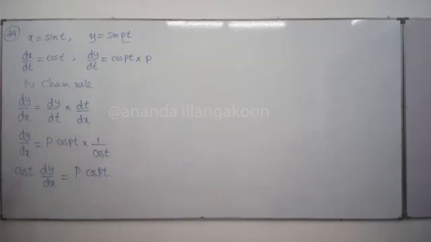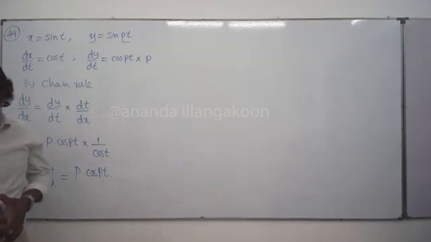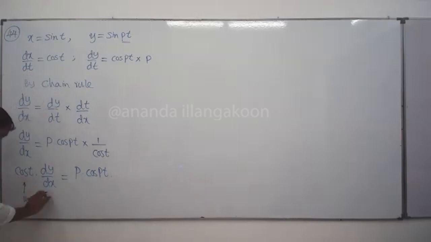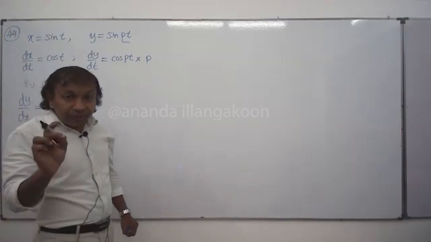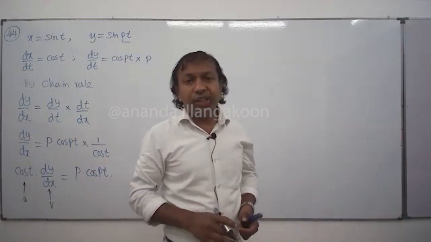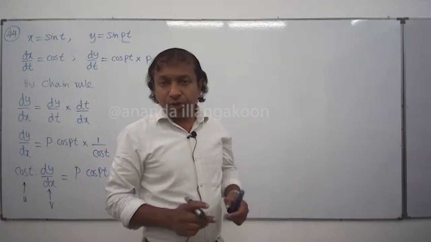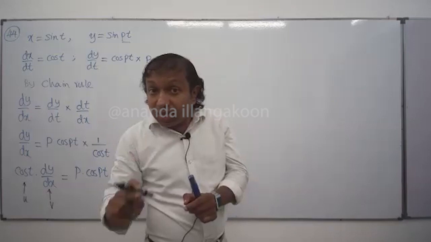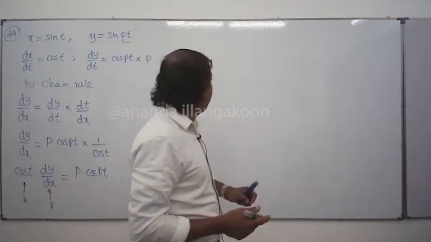Now we can differentiate the left-hand side, where this is your u function and this is your v function. We differentiate left and right both sides with respect to x, which means we apply the d upon dx operator. Now we write that like this.